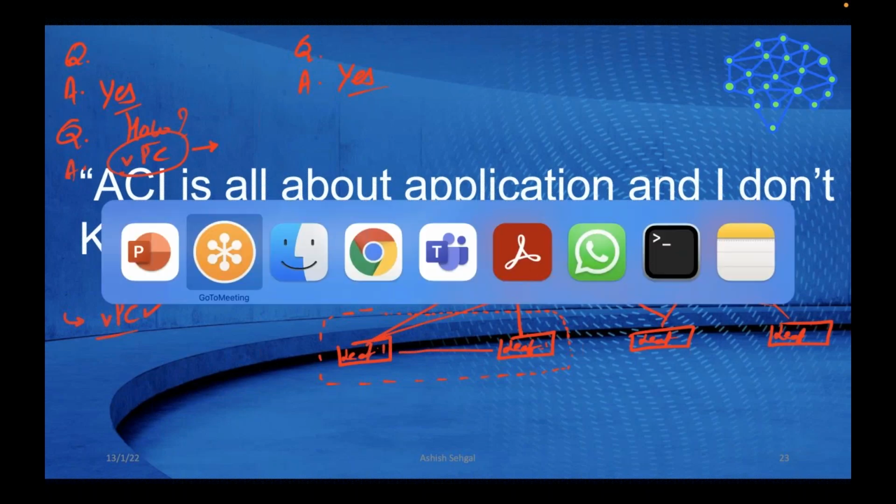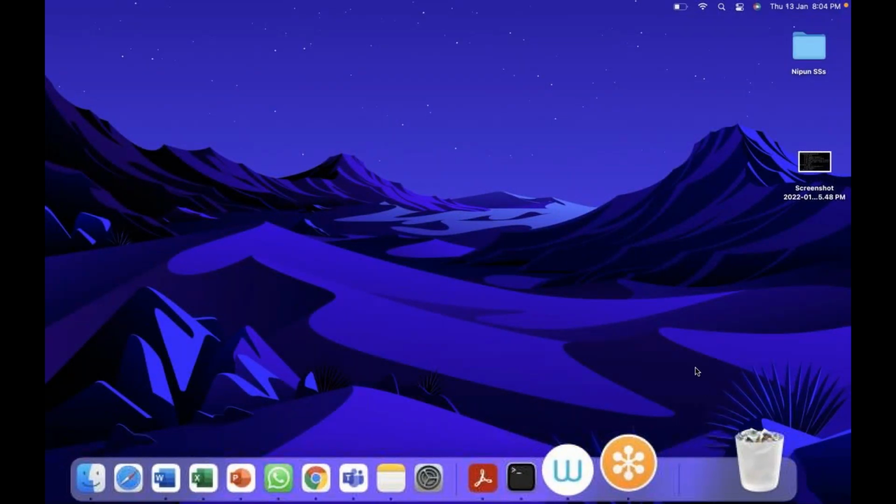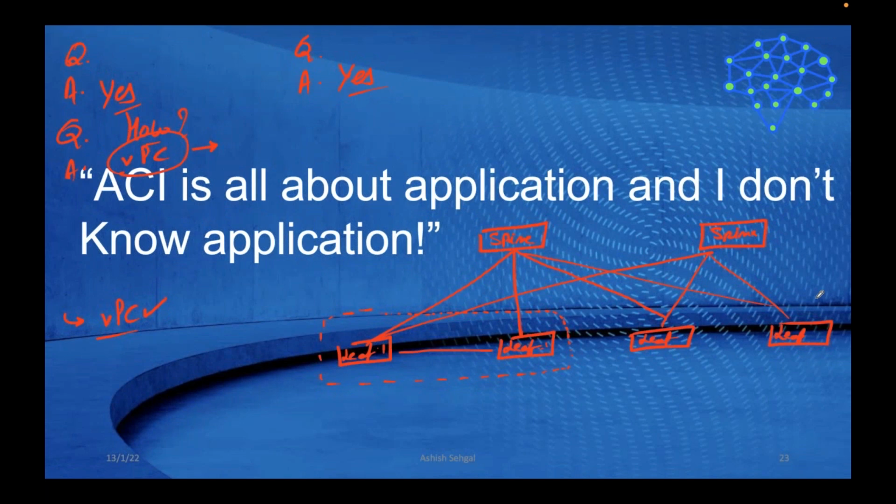Yes, so Raj. In addition to this question, if you make it a VPC, will there be 2 leaf switches or will it be considered as 1 leaf switch? Physically, there will be 2 leaf switches, but logically, they will present themselves as a single leaf switch. To whom?